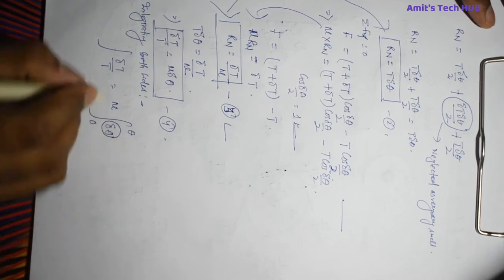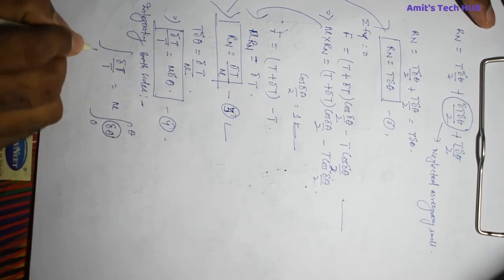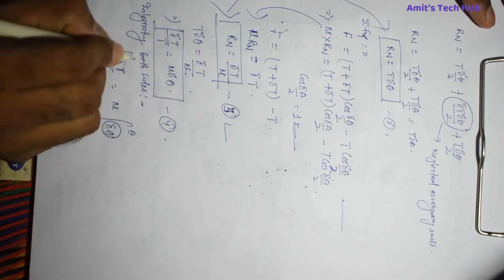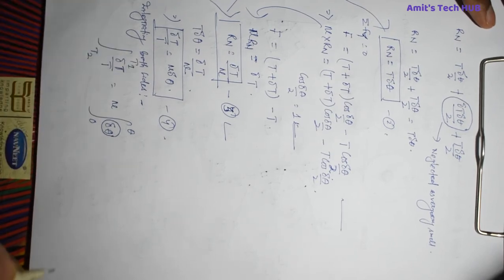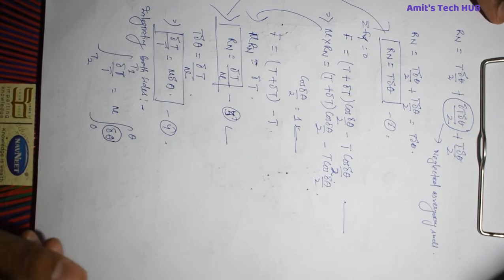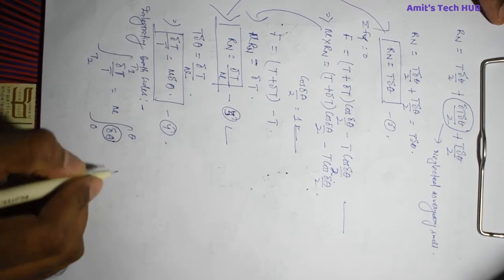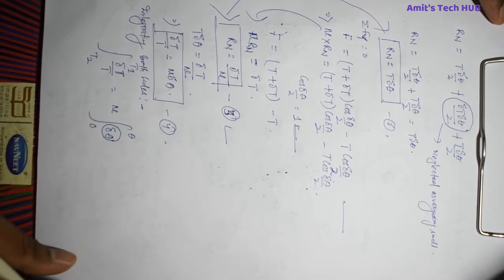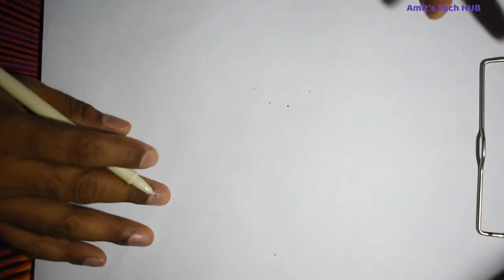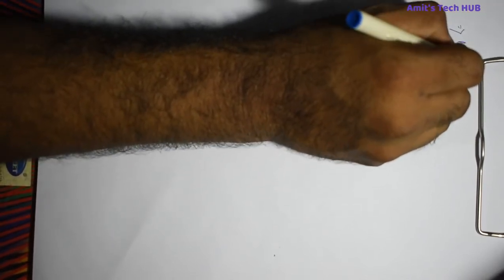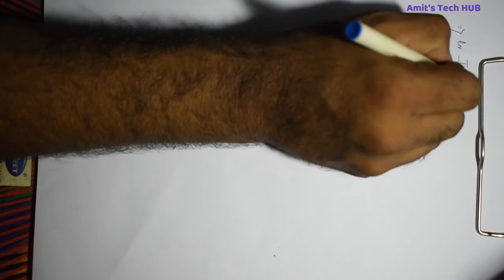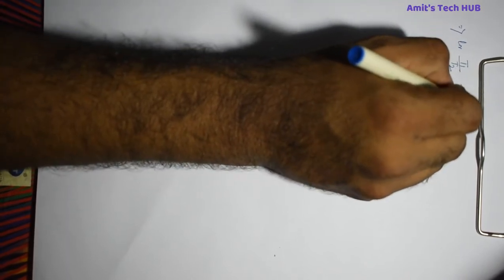So that ranges from 0 to theta. And for tension, the lowest value is T2 and the maximum value is T1. So we can write ln T1 by T2 is equal to simply mu theta.